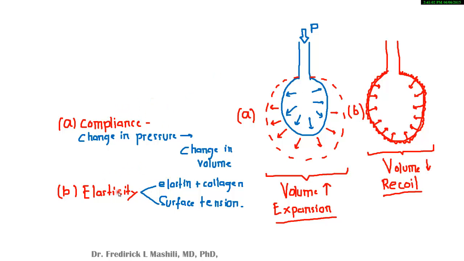As I said, elasticity has a lot to do with elastin and collagen. These are the proteins making up the tissue, so that it has this tendency to collapse, natural collapse. But of course, surface tension also plays a part when it comes to elastic recoil of the lungs. Go back and read and make sure you understand, because this is very important when we will be discussing the clinical concepts related to the respiratory system.